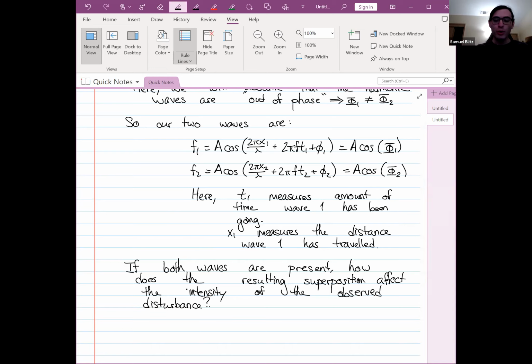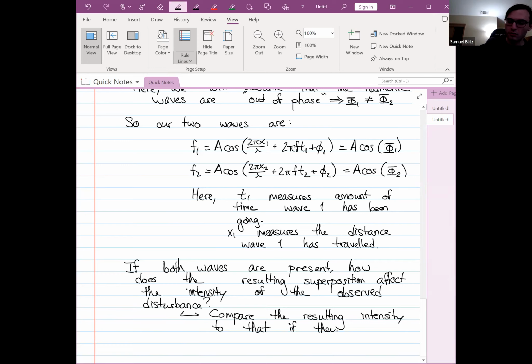So we want to compare the resulting intensity to the intensity that you would get if they were in phase. I.e., if their total phases were the same, we can figure out what the total intensity is pretty easily, because then the amplitude just doubles, and the intensity is the square of the amplitude, which is like 4 times the amplitude squared.